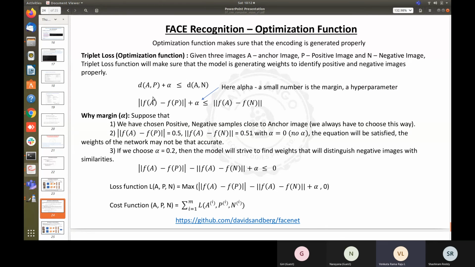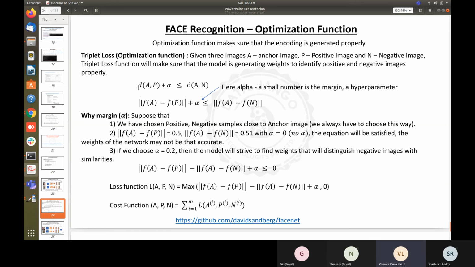In some cases, what happens is, if you have twins working in your company, maybe a couple of them, and the anchor image and the positive image, and anchor image and negative image are taken from the twins.